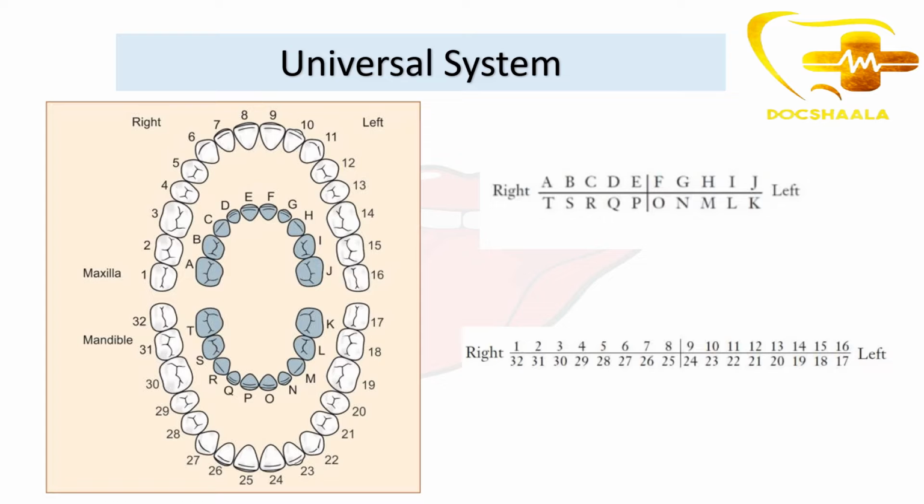As you can see in this image, this is permanent teeth and this is primary teeth. The primary teeth are named starting from A, representing the maxillary second molar on the right side, to T, representing the mandibular second molar on the right side.